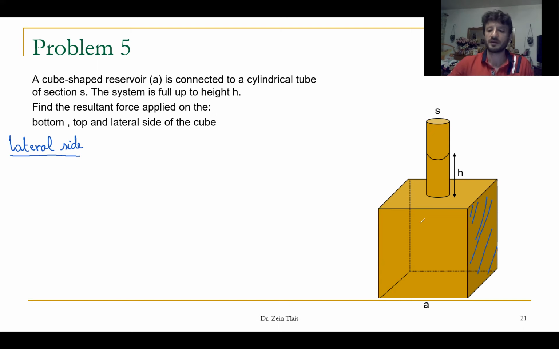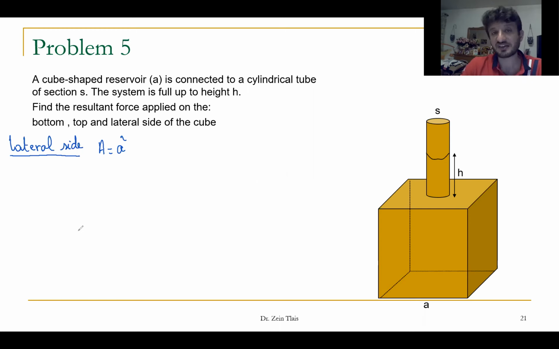This one has area equal to a squared, as we have a cube. So we can write A equals a squared.